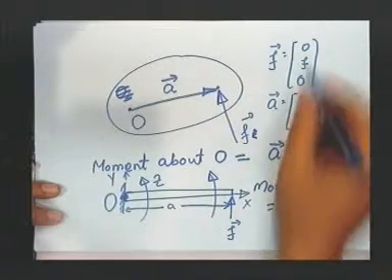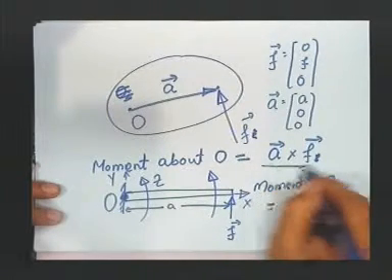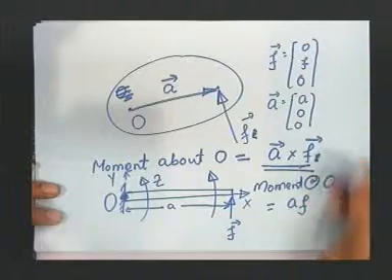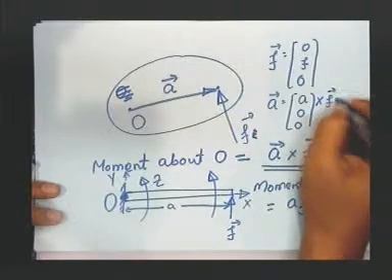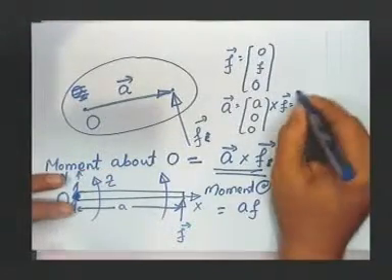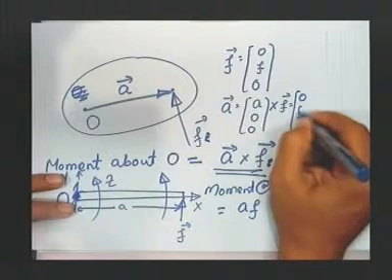Now, if you apply a cross f, that means this formula, I put a 0 0 cross 0 f 0.